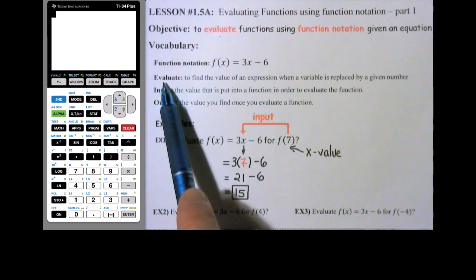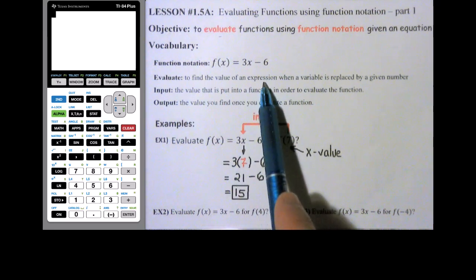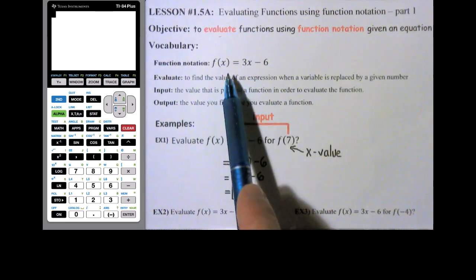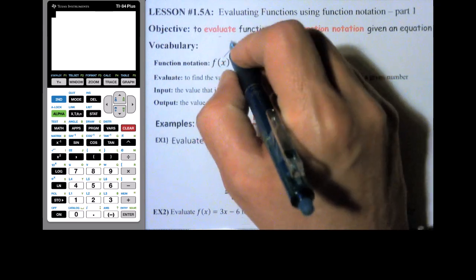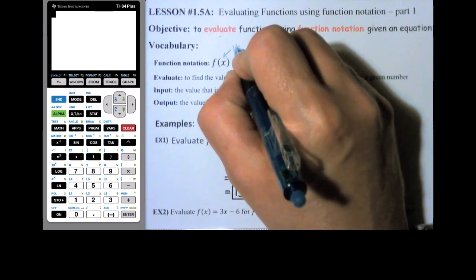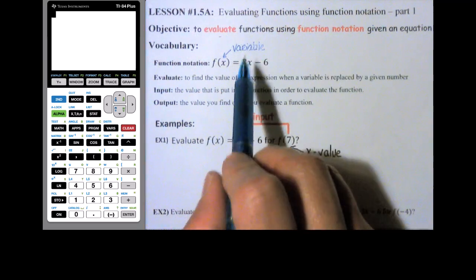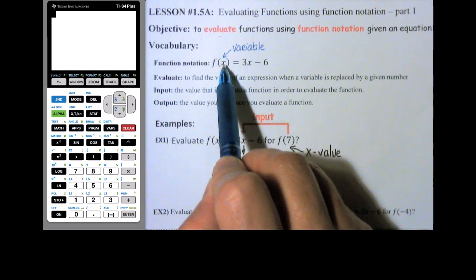To evaluate a function is to find the value of the expression when a variable is replaced by a given number. So this here is the variable x. The reason why it's called a variable is because it can vary. So I can replace the x with a number.